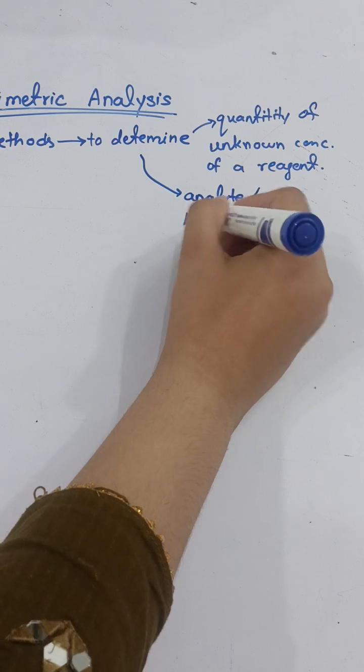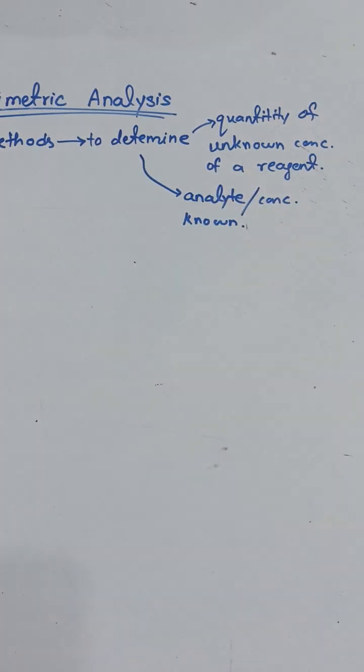So now you can define titrimetric analysis or titrimetric methods. These are some special kind of analytical techniques that are used to determine the quantity of an unknown concentration of a reagent by reacting it with an analyte or another reagent whose concentration is known.